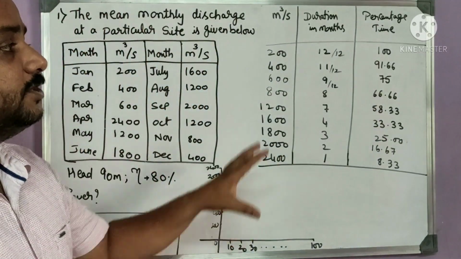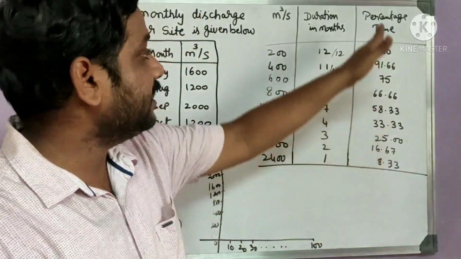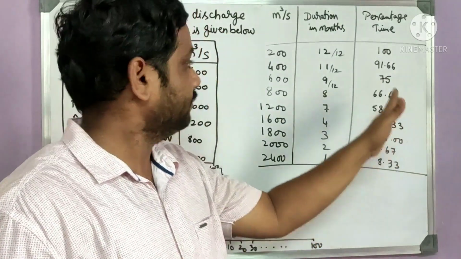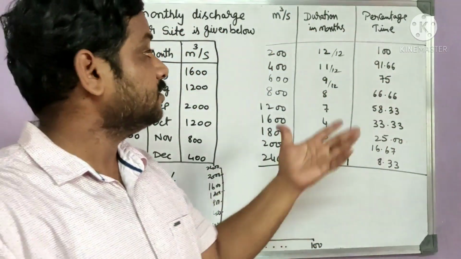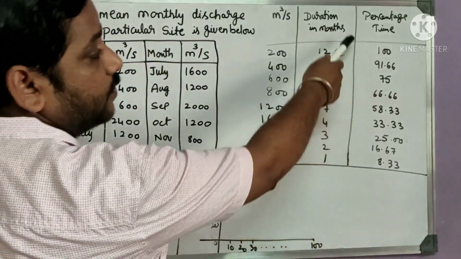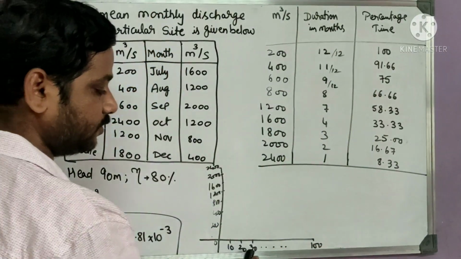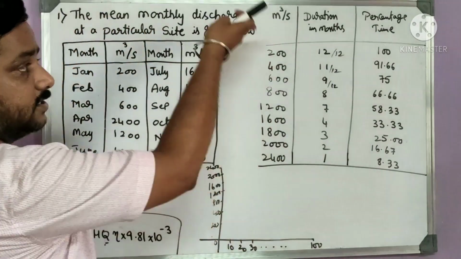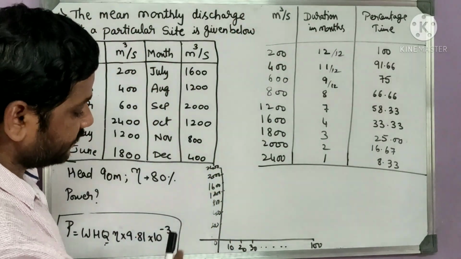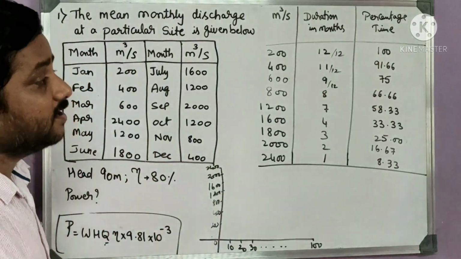So if that is clear, now we need to plot it. So how to plot it? Take this percentage time in the x-axis and cubic meter in the y-axis. So it is there from 0 to 100%. I will write it as 10, 20, 30 up to 100 on the x-axis. And on the y-axis I will write the discharge, 200 to 2400.